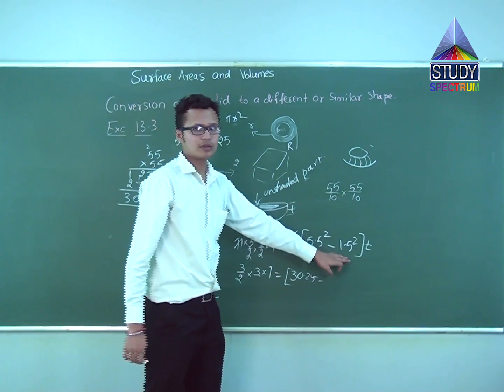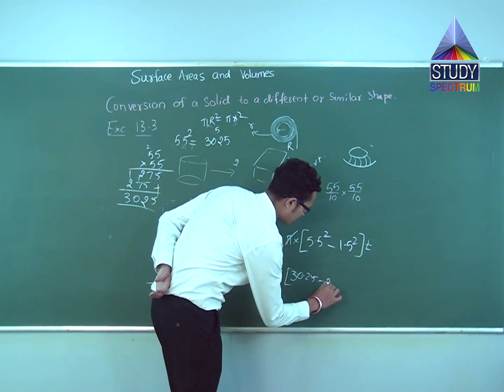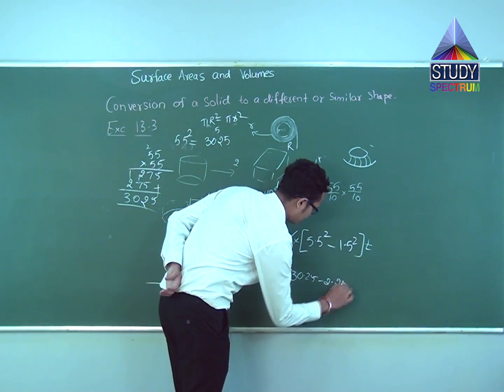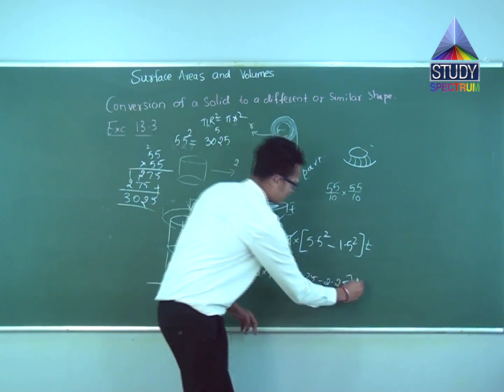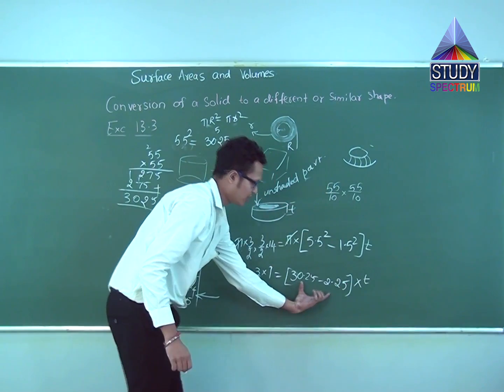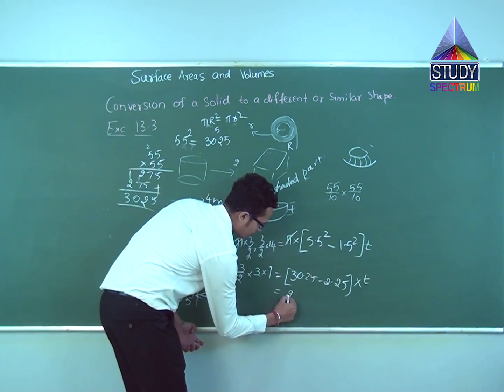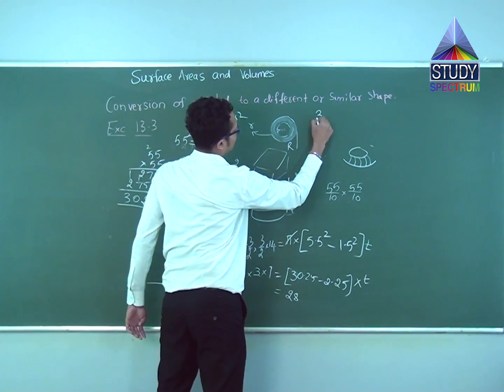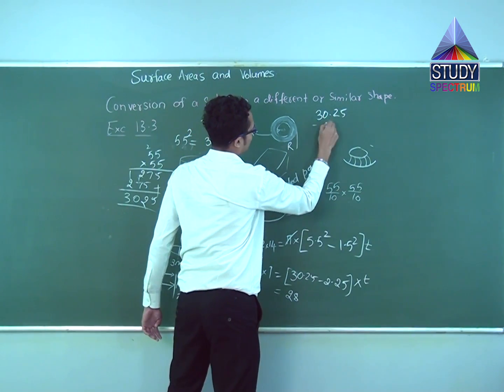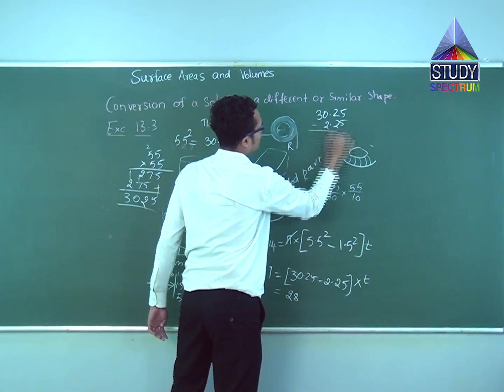You know 15 square is 225, so this is 2.25. Isn't this 28? Right? This subtraction is 28. Just subtract, it's easier. See, 30.25 minus 2.25.